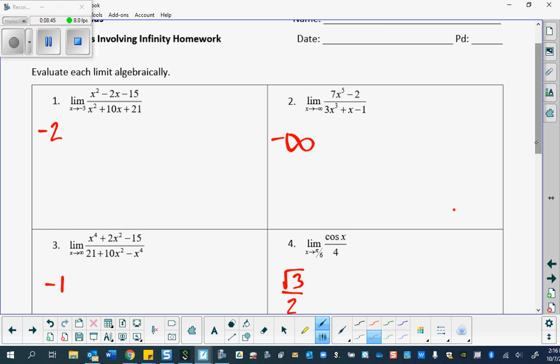Sometimes we end up with a crazy indeterminate form where I get 0 over 0, or infinity over infinity, and you're like, what the heck do I do with that?